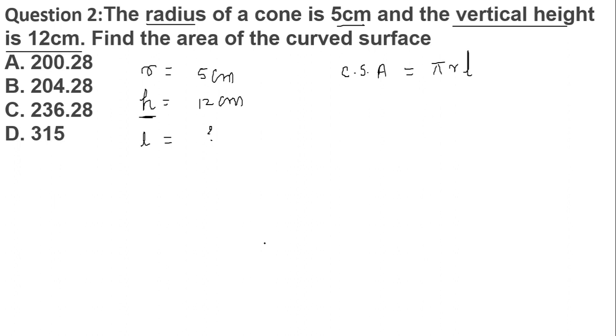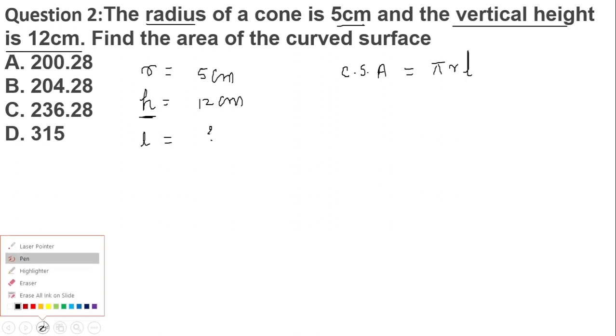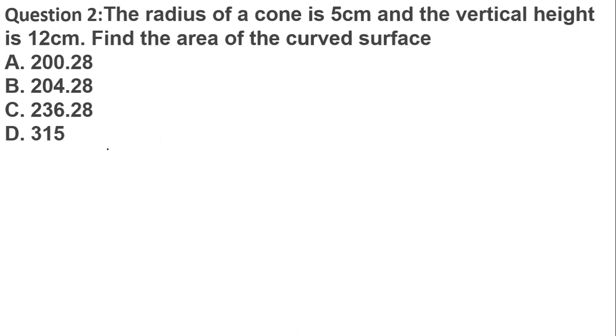Now to find the slant height, I'll give you one formula, and to understand that formula, look at this cone first. For example, in this cone, H is the vertical height, L is the slant height or the length of the cone, and the second thing we have discussed is the radius r.